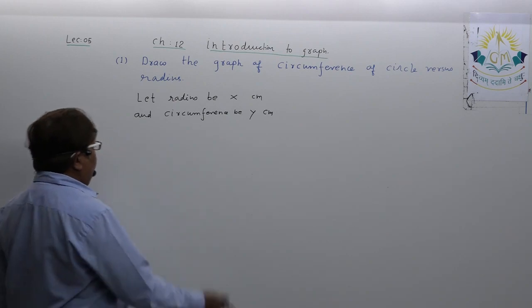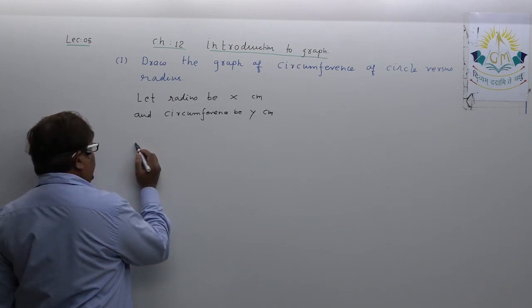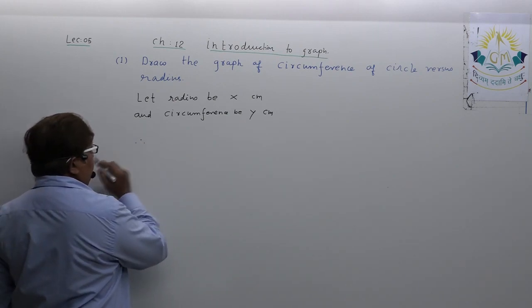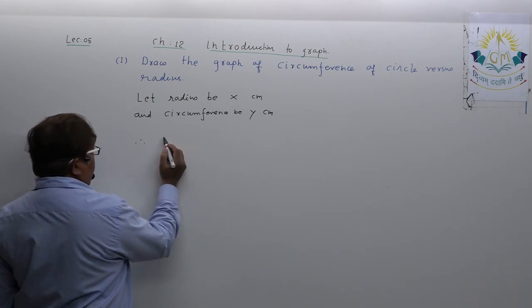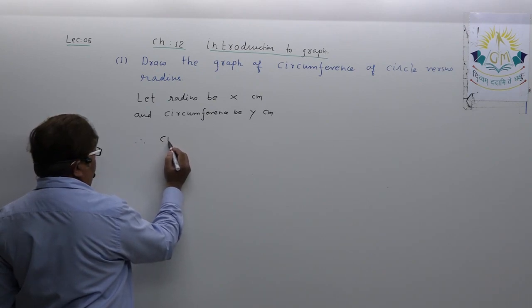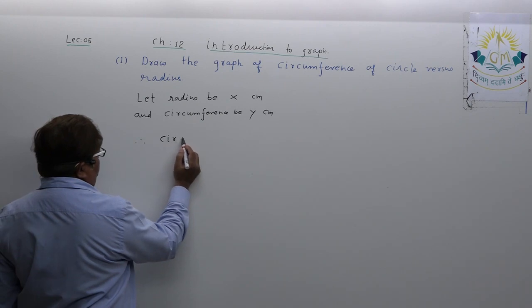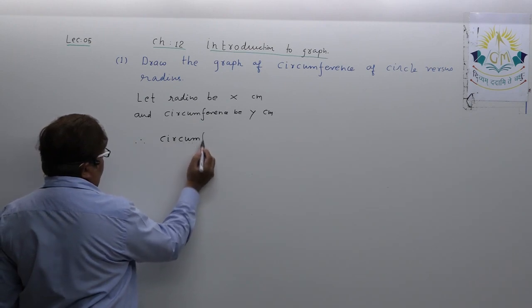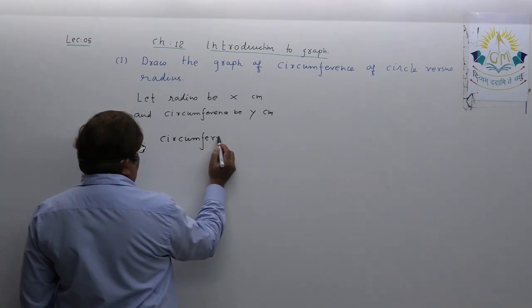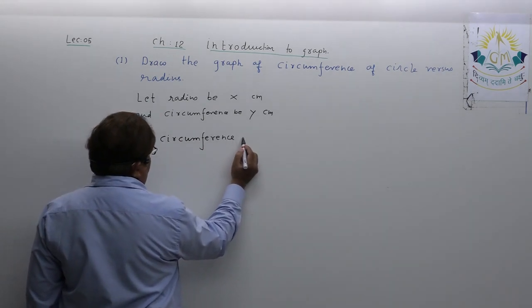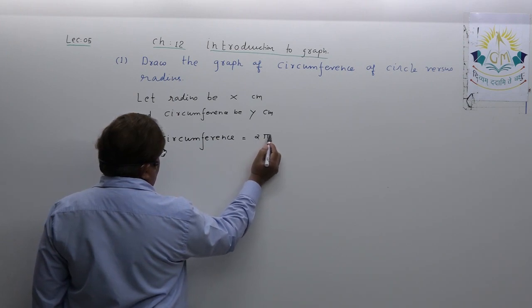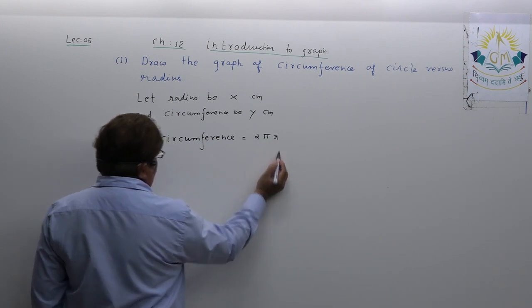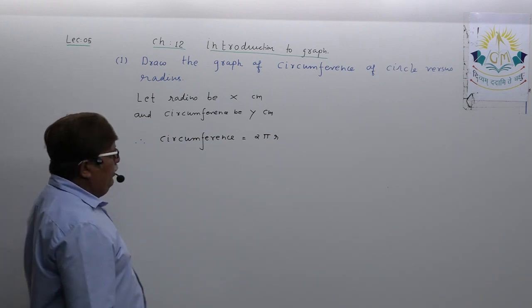After representing both of these, we have to write the equation for circumference of a circle. You know the formula for circumference. What is that? Circumference equal to 2 pi r, as you all know very well.